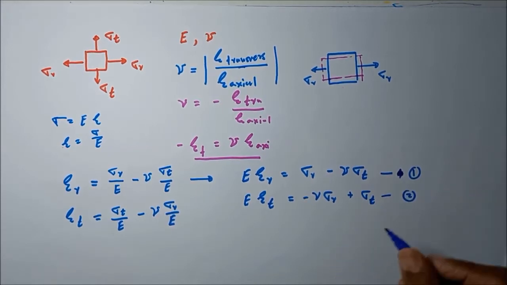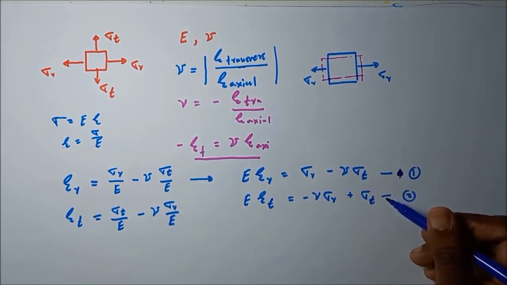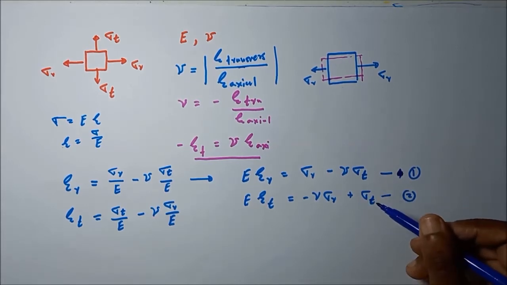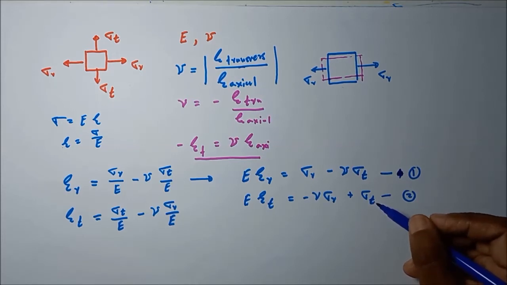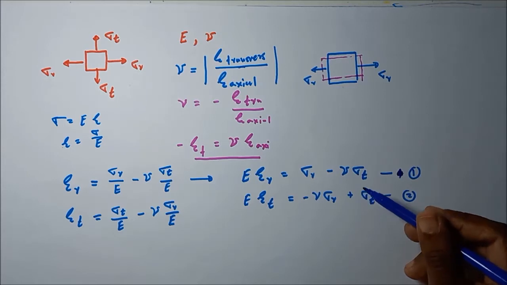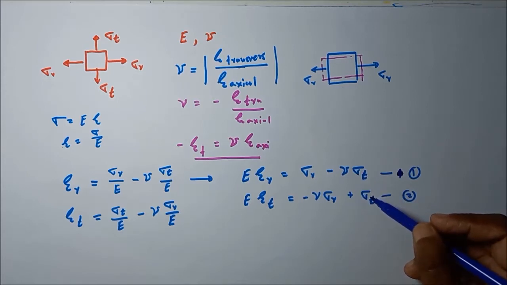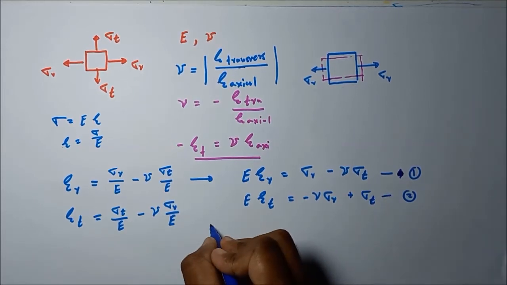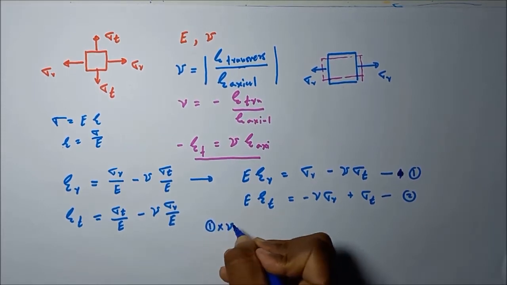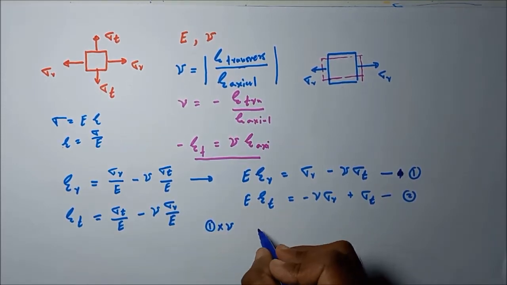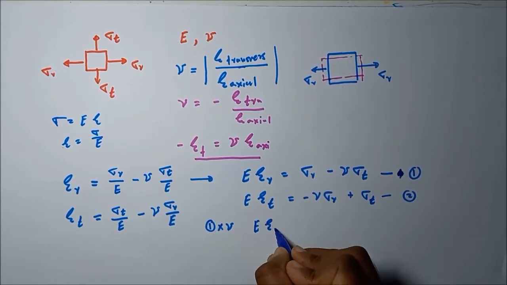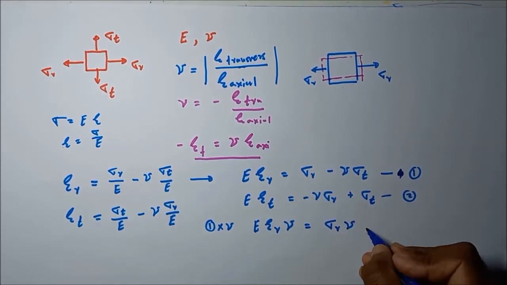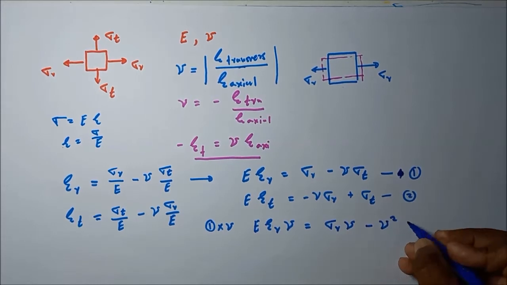I am going to simplify both equations to obtain the expression for sigma t. I'm going to multiply the first one with nu, and we have E into epsilon r into nu is equal to sigma r into nu minus nu square sigma t.